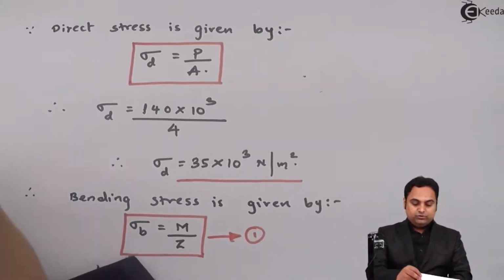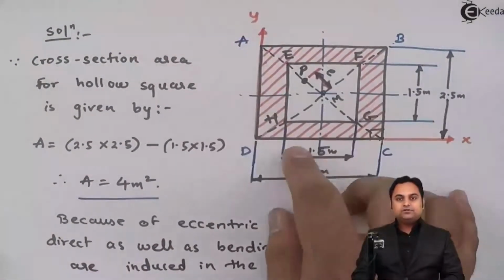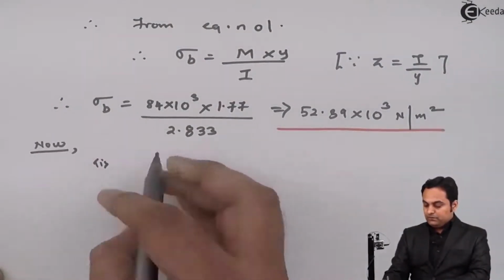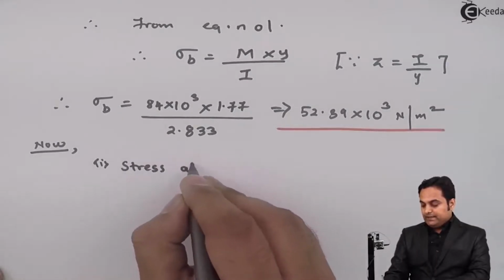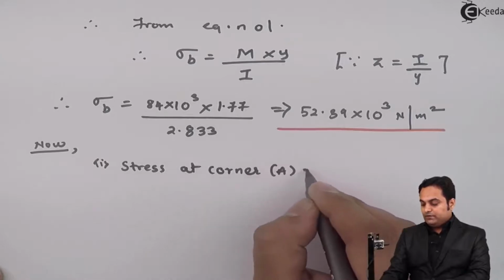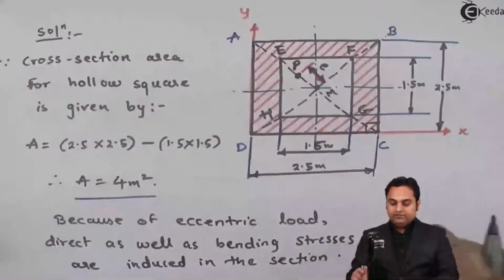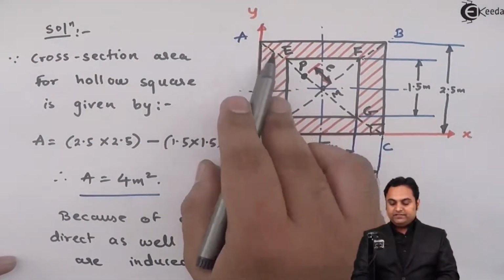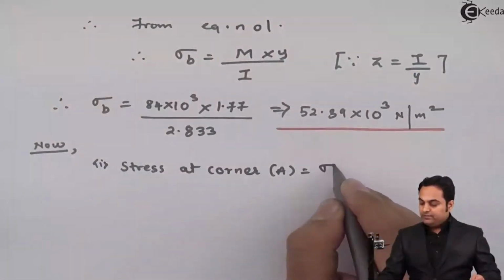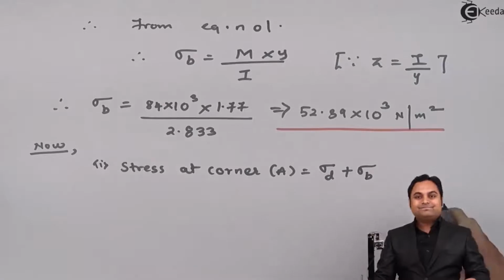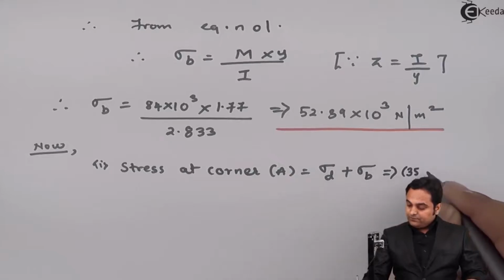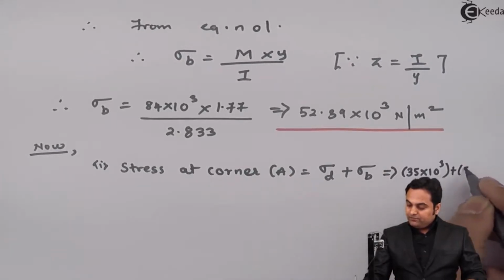The question is to calculate the stresses at all four corners, so we start with stress at corner A. At corner A the load is closer to it, so there will be direct as well as bending stress, that is sigma_D plus sigma_B. Sigma_D was 35 into 10 raised to 3, sigma_B is 52.39 into 10 raised to 3.